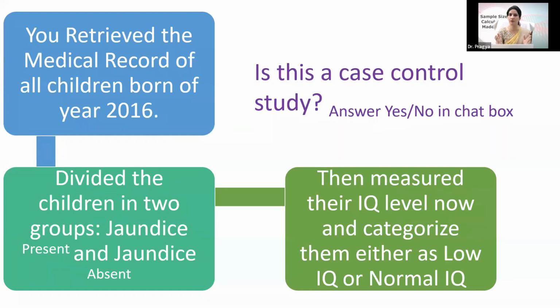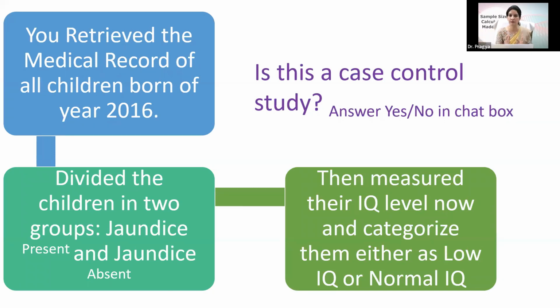But in this case, you have categorized the exposure as neonatal jaundice and the outcome as IQ, and you are measuring the outcome later, having started with the exposure. So this is a cohort study. That means the answer to this question should be no, because you are starting with the exposure and then measuring the outcome.